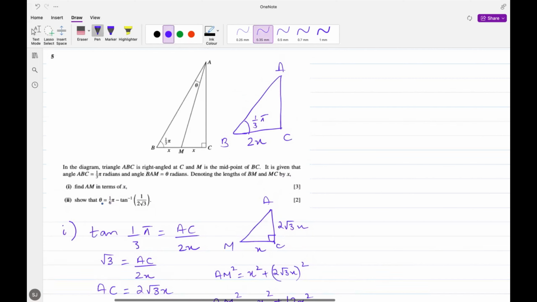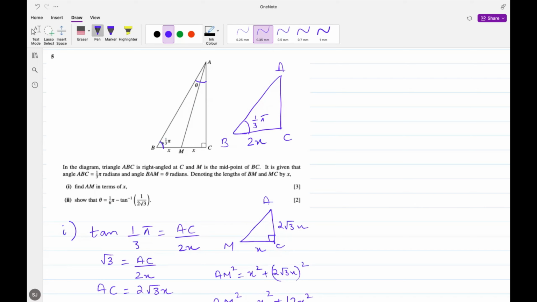In part 2, we have to show that the angle θ is π/6 minus tan inverse of 1 upon 2 root 3. Now we know that ABC is a triangle. This is a right angle, which means this angle and this complete angle will be π/2 or 90 degrees.